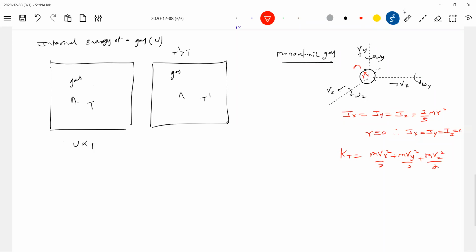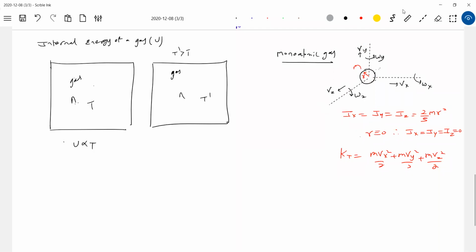According to Maxwell's law of distribution of energy, the energy a molecule possesses will be equally distributed among each degree of freedom. Suppose this molecule has 9 joules: 3 joules will be used to move along X, 3 joules along Y, and 3 joules along Z axis.